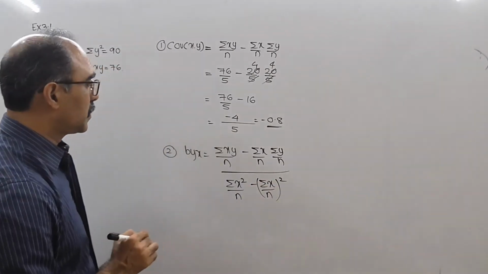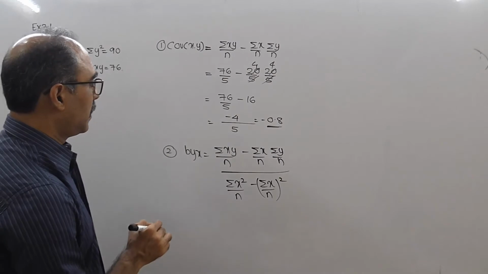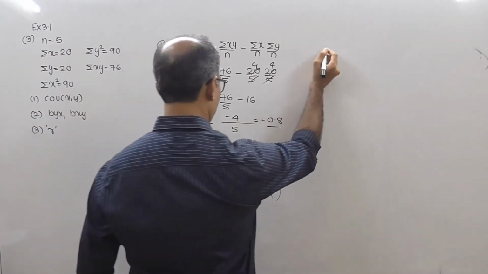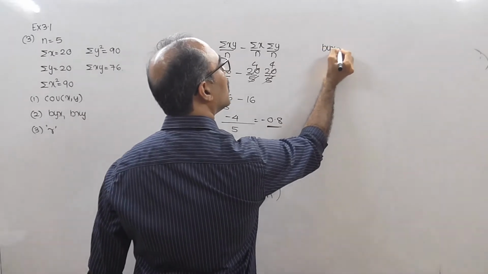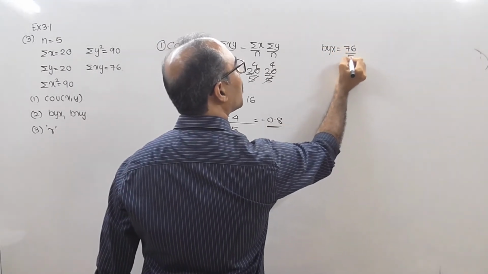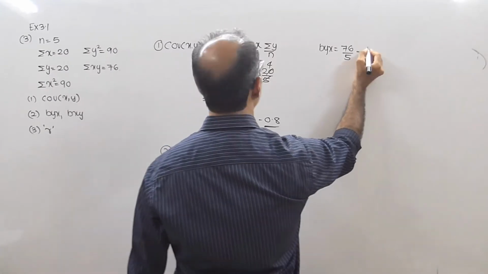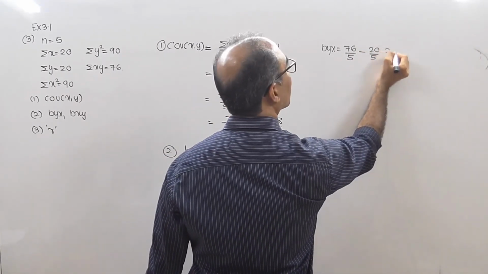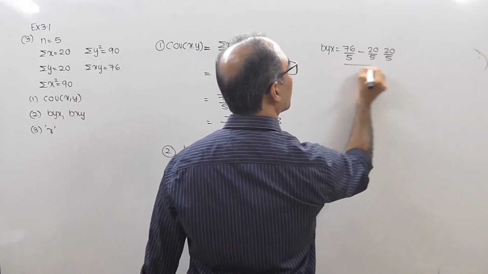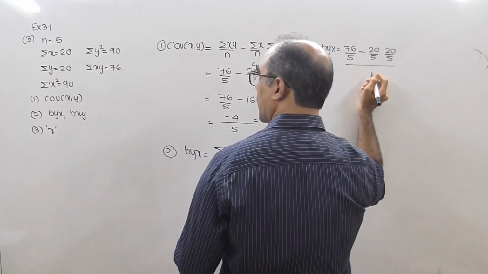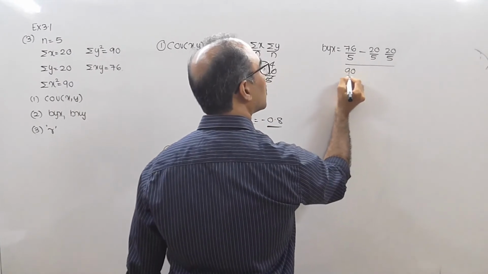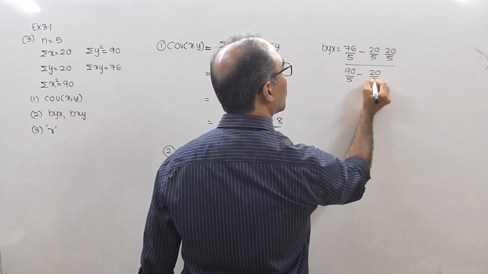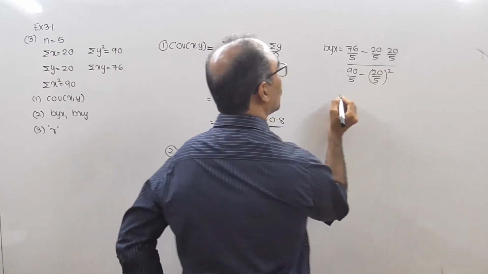Okay. So here, sigma xy upon n is 76 upon 5 minus sigma x 20 upon 5, sigma y 20 upon 5, the whole upon sigma x square, which is 90 upon 5 minus sigma x upon n the whole square, which is 20 upon 5 the whole square.